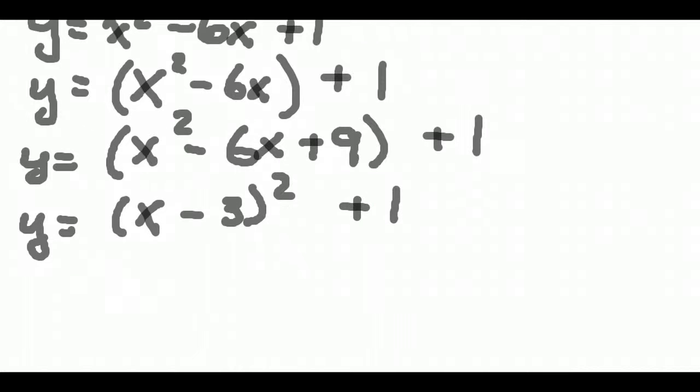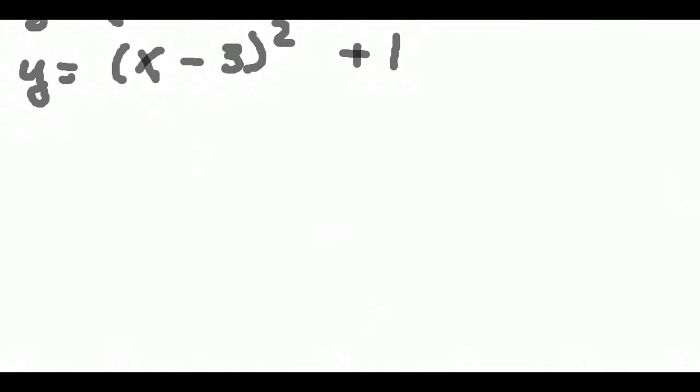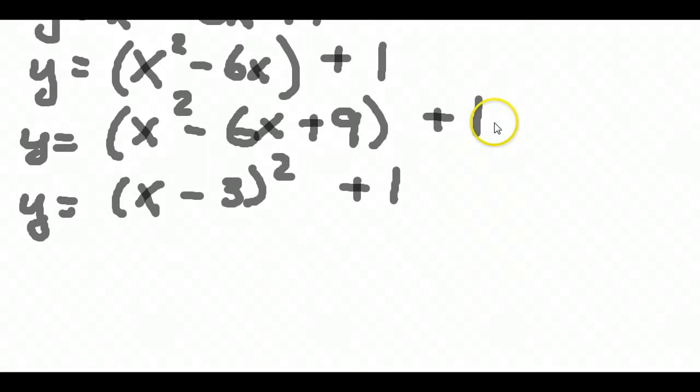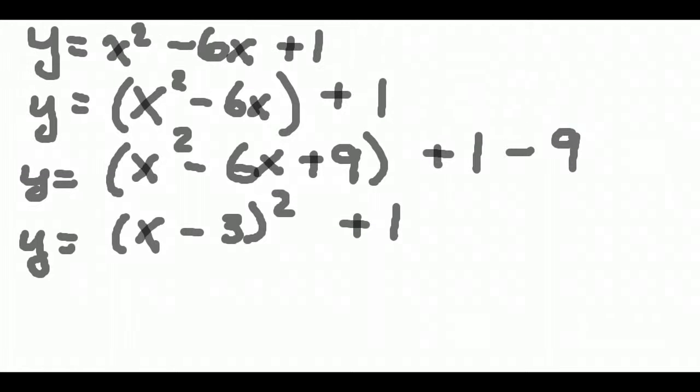Agreed? Yes. Okay, good. So now let's look at this. So this is number 20. Miss Gold, I'm writing down everything you're saying right now. Yes. And I got as far as (x squared minus 6x plus 9) plus 1.